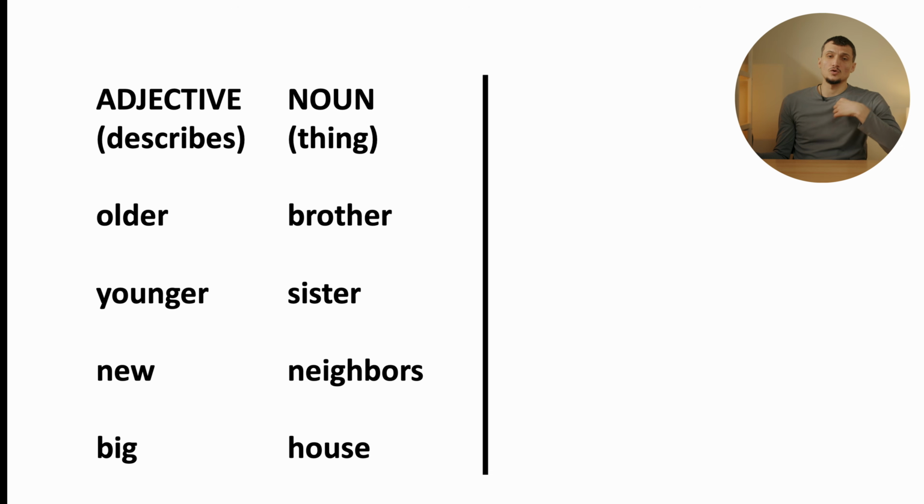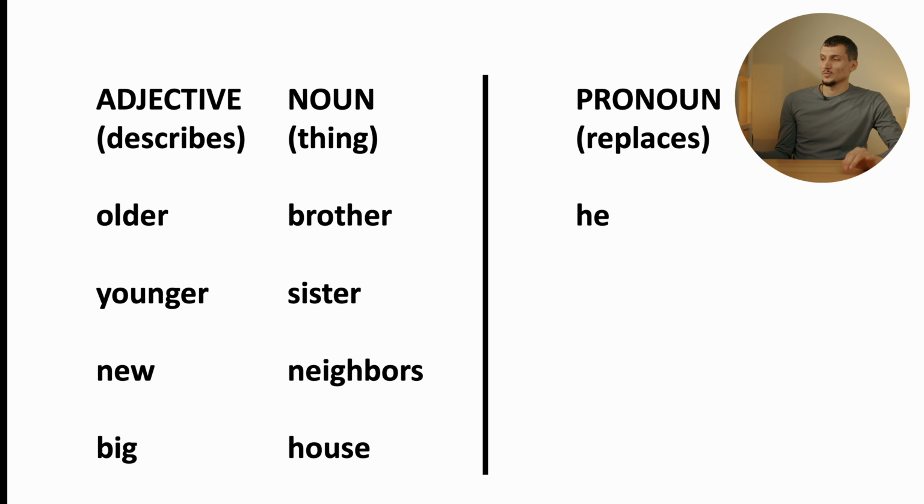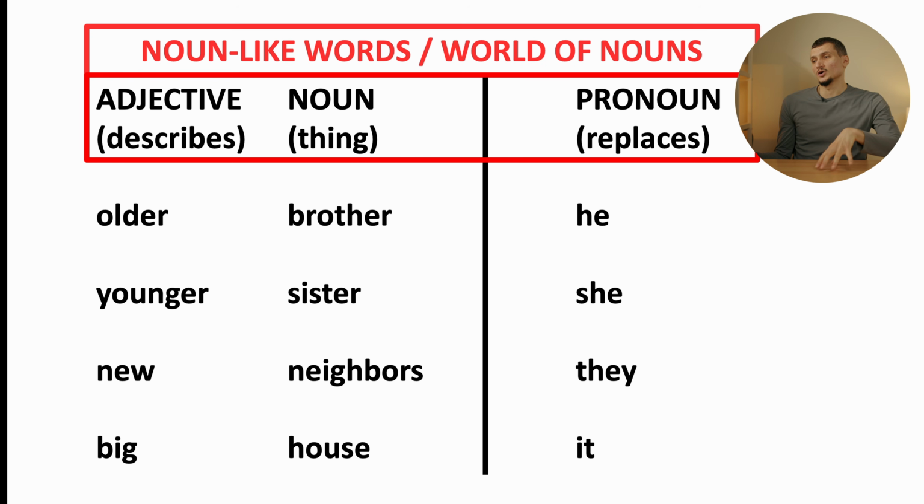And then we can replace the adjective plus noun, that whole phrase all together, with the word he or she or they or it. And those words are pronouns. And altogether, we said they are noun-like words, or we're talking about the world of nouns. Great, so far so good.